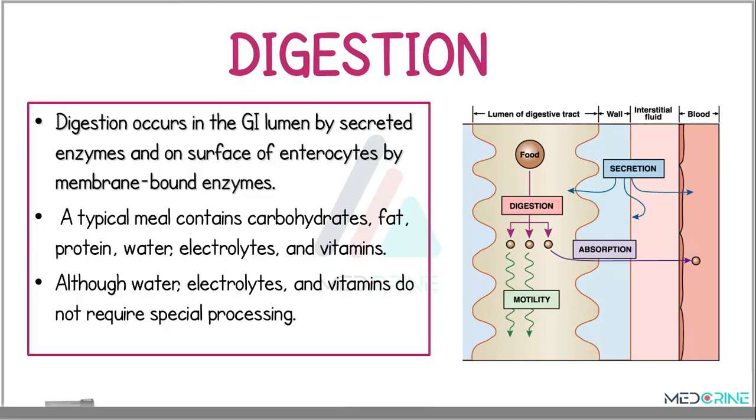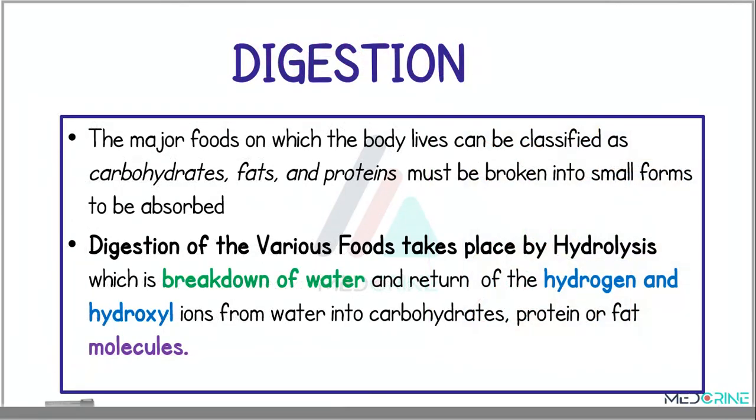Although water, electrolytes, and vitamins do not require special processing in this case, carbohydrates, fats, proteins need to be broken down into absorbable molecules. So digestion of these various foods takes place by hydrolysis, which is a breakdown by water and a return of hydrogen and hydroxyl ions from water into carbohydrate, protein, or fat molecules.